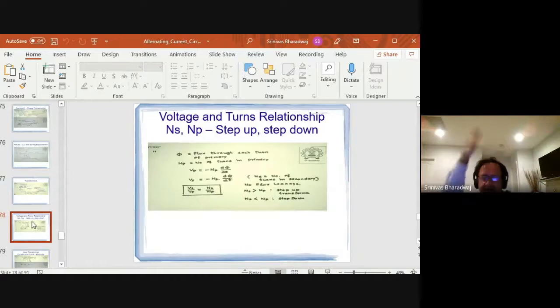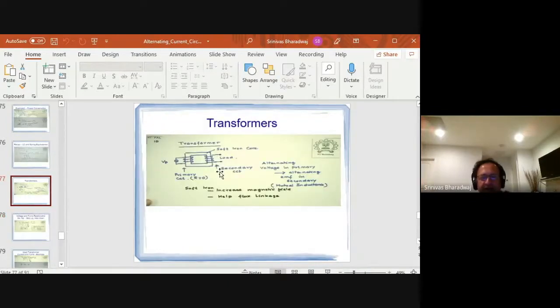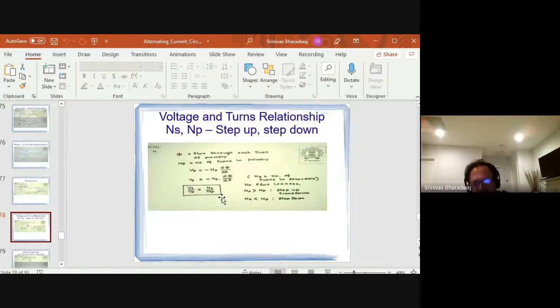If Ns is greater than Np, then you have a step-up transformer, because your Vs will be correspondingly greater than Vp. Vs is the voltage on the secondary side. So when Vs is greater, we call it a step-up transformer.